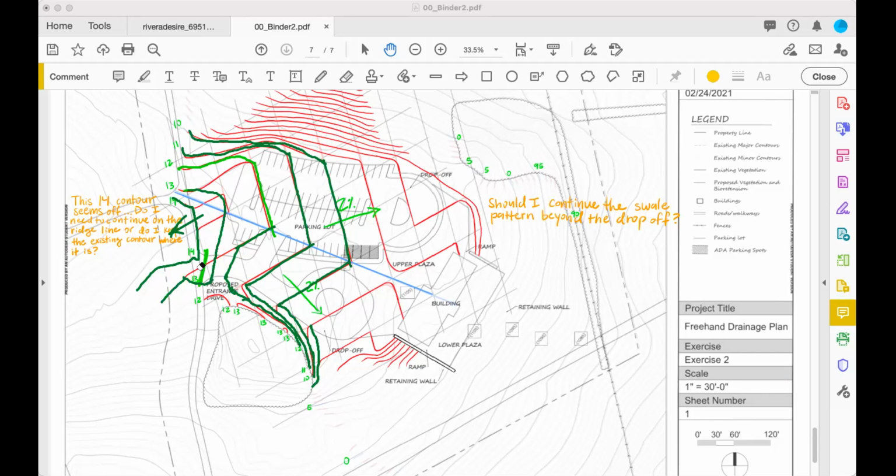Okay. So if we look at the other areas, this is an area that you need to look at further, just to make sure these are not conflicting with each other. They're overlapping right now.